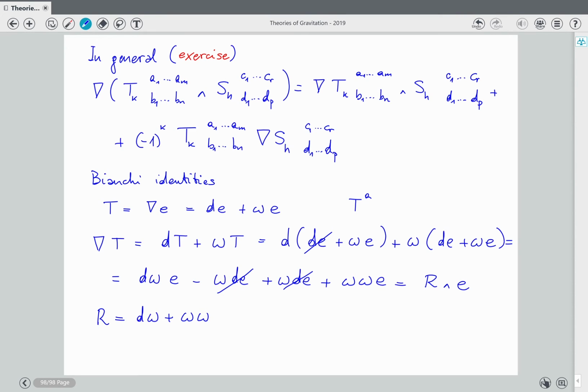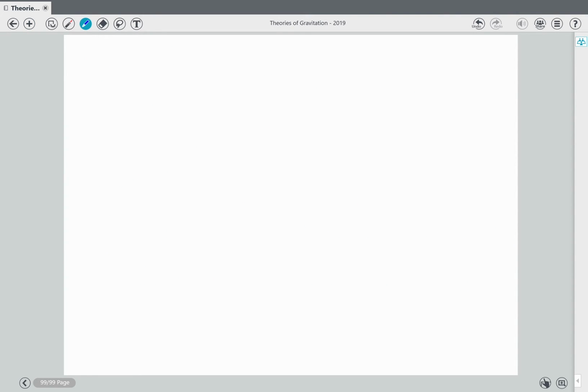Last time we wrote it in a different way. Let's recall it. It was R(x,y)z plus cyclic permutations equals del_x T(y,z) plus same.